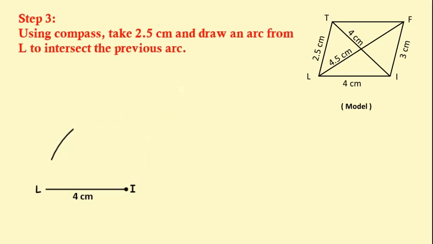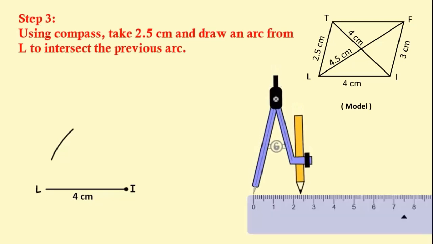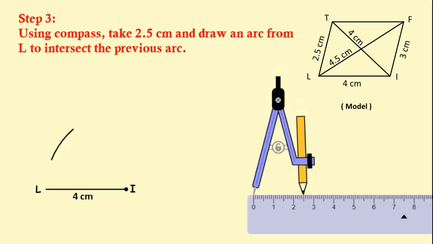In the third step, for the side LT, which is of 2.5 cm, using compass and the scale, we take 2.5 cm and similarly we draw an arc above L so that it will intersect the previous arc. So we take 2.5 cm by placing compass tip at the 0 mark and pencil tip at 2.5 mark.